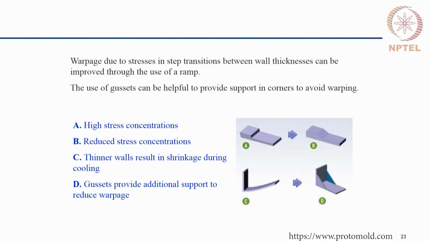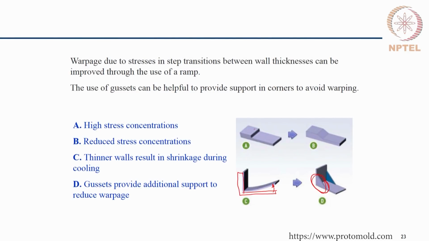Warpage can be avoided by providing gussets. These are the gussets. Without gussets, the as-designed component is supposed to be like this, but once the mold is done and the part is taken out, the part warps due to the stresses, and that can be avoided by providing the gussets.